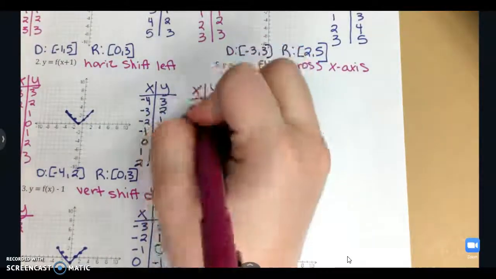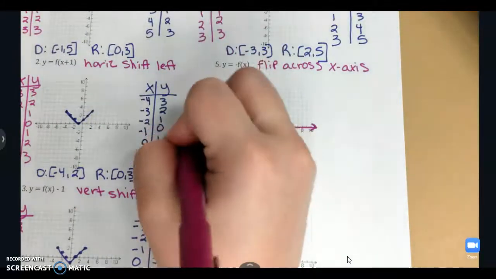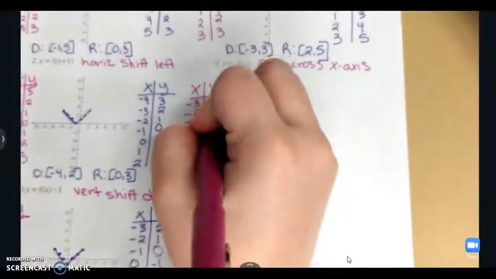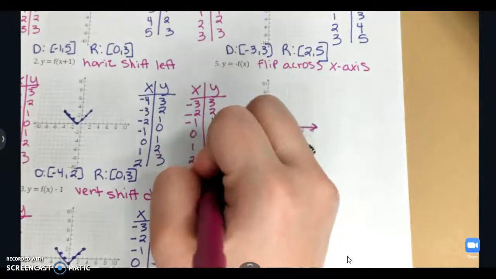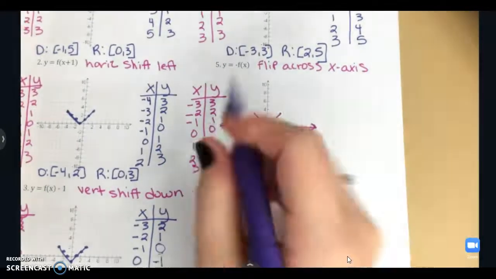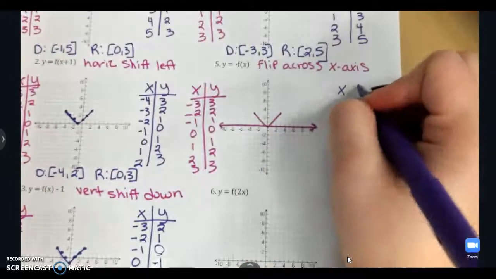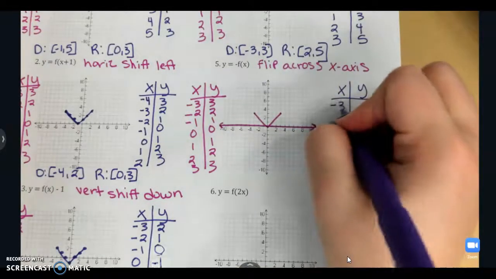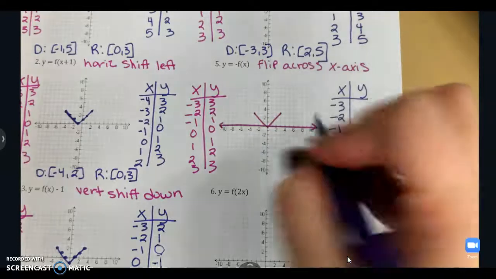So let me get our points in there for reference. So when my y values change, we're just changing the sign. Since they were all positive here, they're all going to become negative. And my x values are going to stay the same.